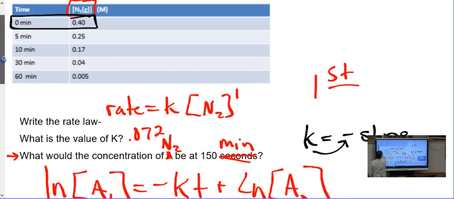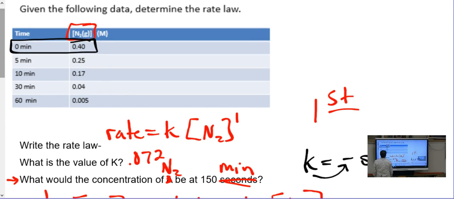If you come up here, you can notice this change right here of 30 minutes moved it over a decimal. So if I keep going, that would be 90, 120, 150. It would probably move it 3 more places, or times 10 to the negative 6. So it's most likely right.